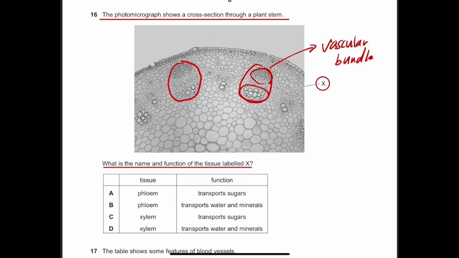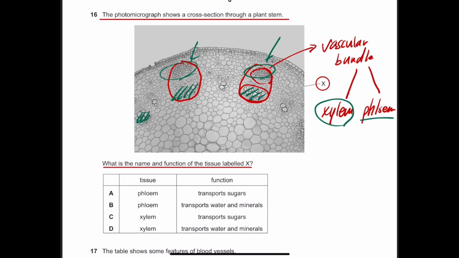So vascular bundle consists of two things: xylem and phloem. The xylems are always concentrated towards the center, and the phloem are placed on the outer sides.